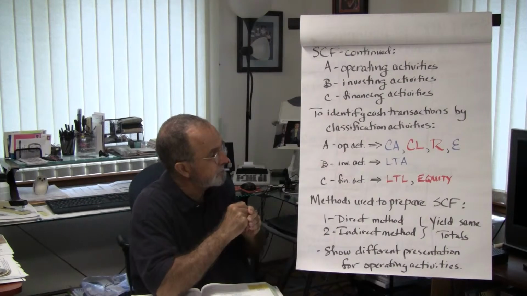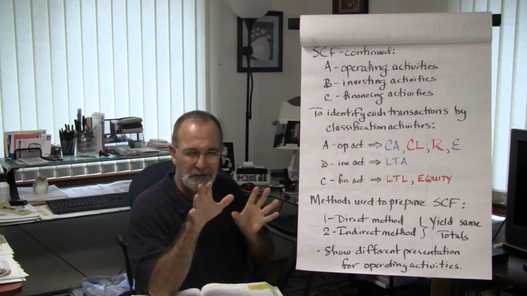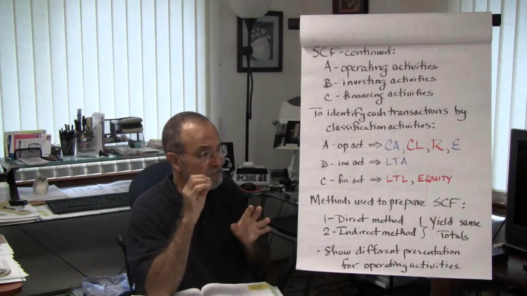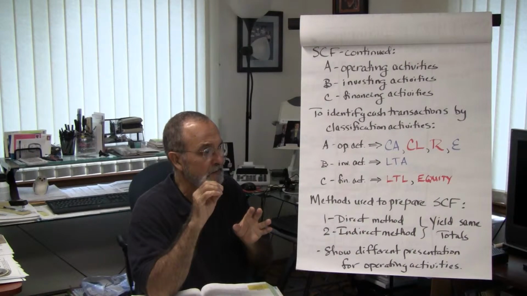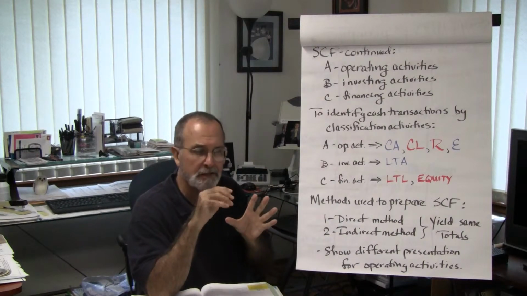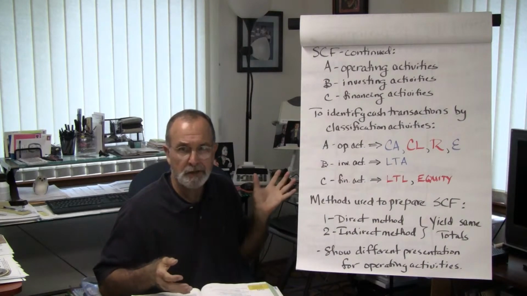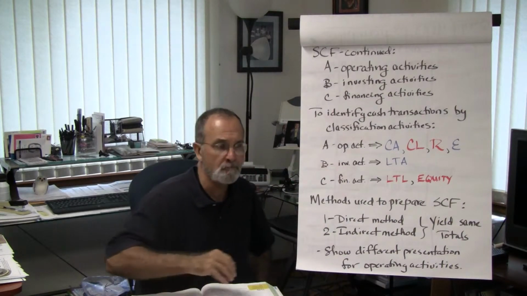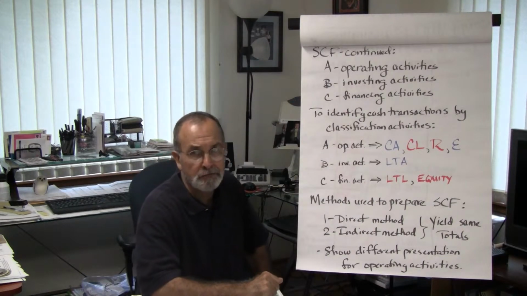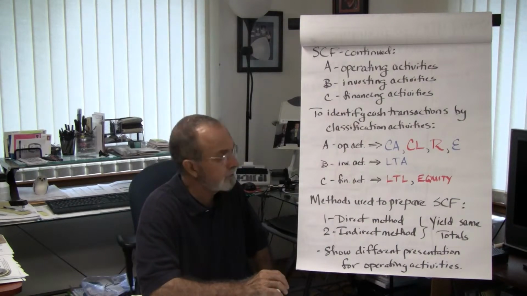Now, just saying that is a little vague. It doesn't really tell you much. But when we get into the problem later on, hopefully you'll be able to see it a little clearer.